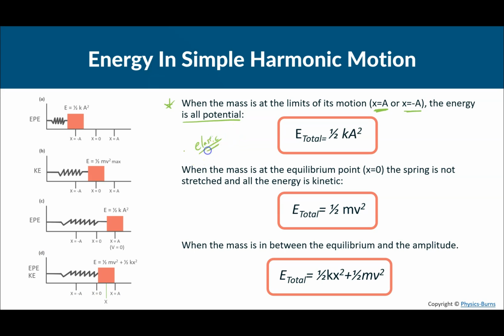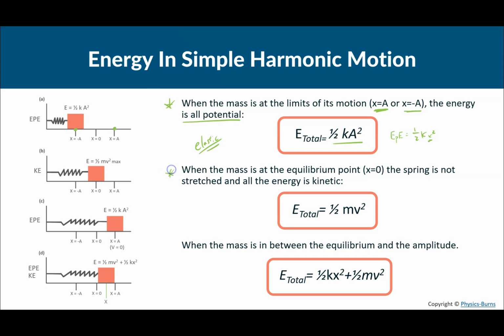So when it's all the way squeezed at the amplitude over here, or all the way compressed or pulled all the way over here, that means all of the energy is elastic potential energy. And if you remember the formula for elastic potential energy, that's 1/2 kx squared. But in this case, the x is the amplitude, so we have 1/2 ka squared.